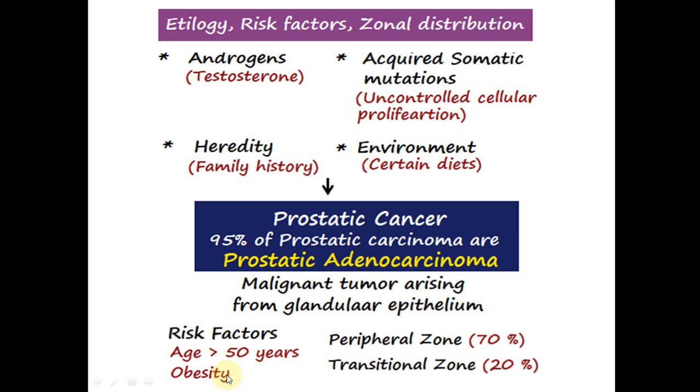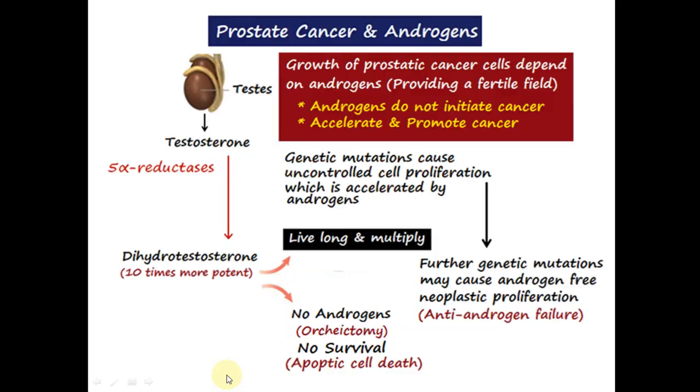Obesity is also said to be a risk factor for prostate cancer. Now here it is important to mention the relation of the androgens and the prostate cancer. We know that the prostatic cell growth is under the control of mainly dihydrotestosterone.